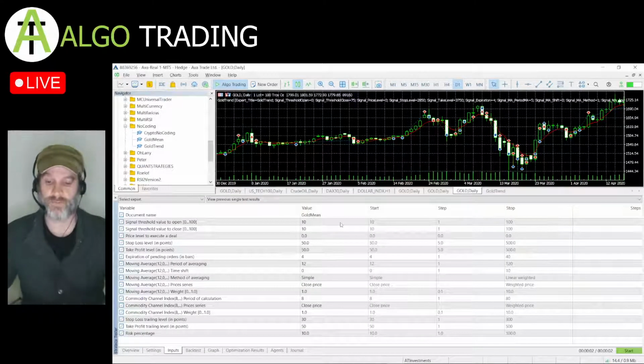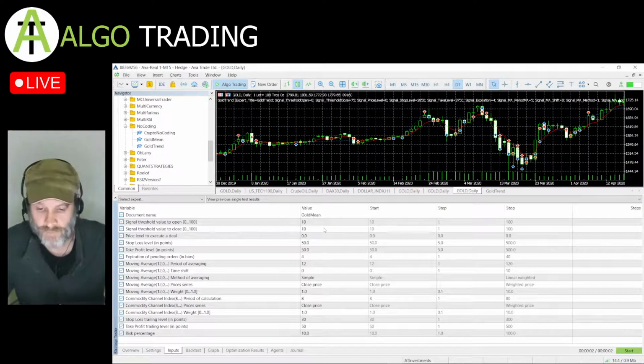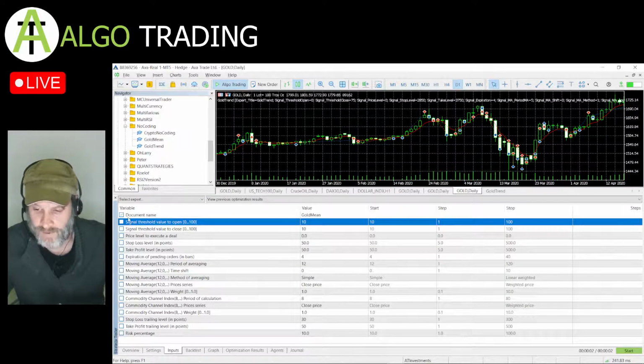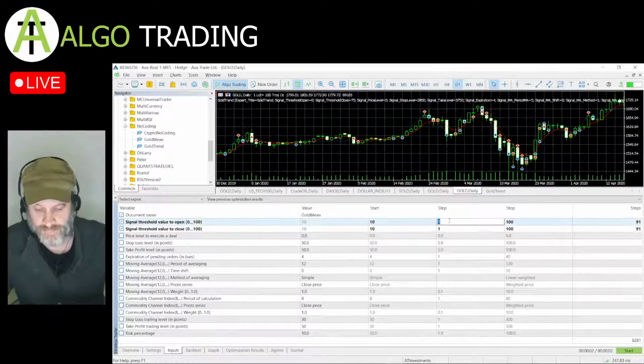Okay, let's do our inputs. So the threshold, we're just going to do the same thing again here, and we're going to run this at fast generic based on the old. So inputs, I'm going to go 10, going up in steps of 10.